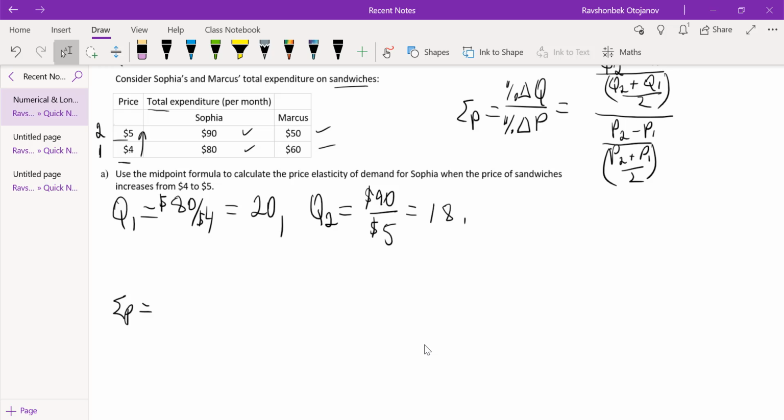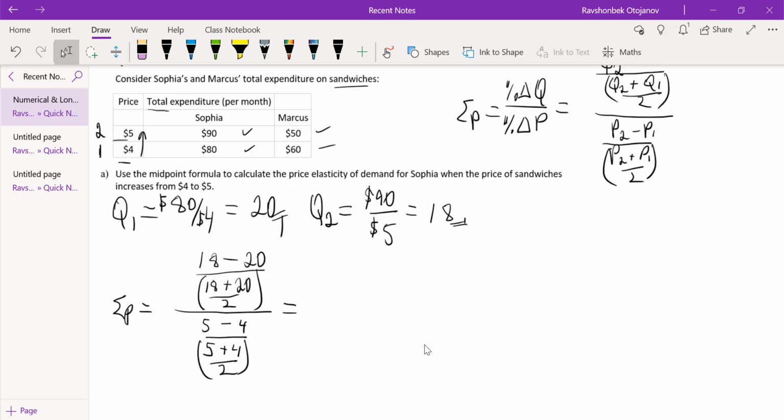So we'll start with quantity 2. Quantity 2 is this month, the last month, which is in this case 18. So 18 minus 20 from here over 18 plus 20 over 2, over the prices: new price minus the old price over new price plus the old price over 2.